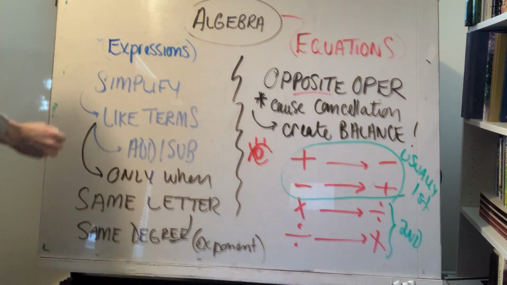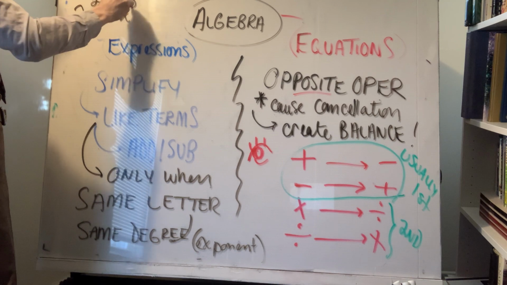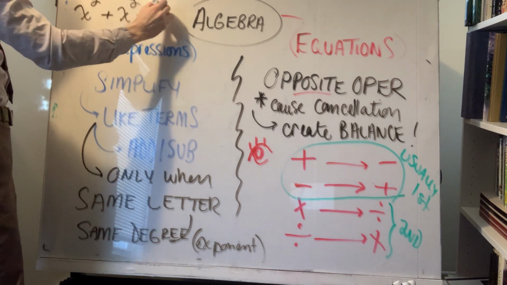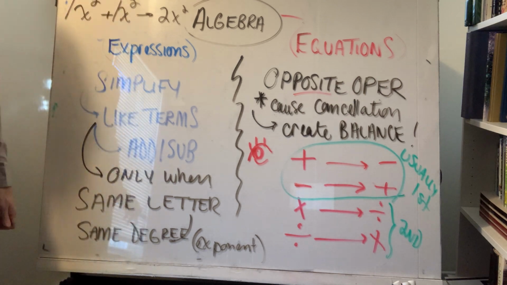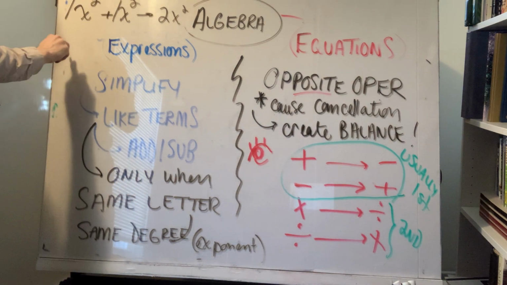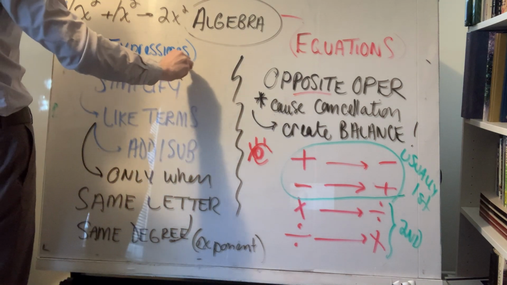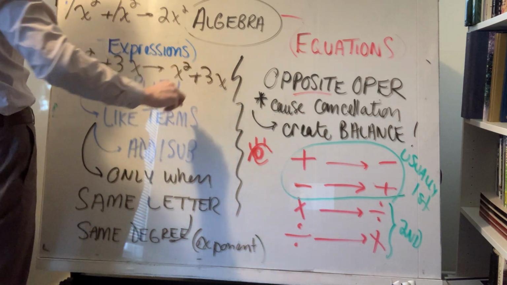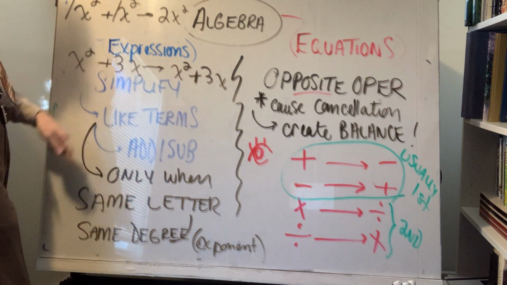So for example, if you had x squared plus x squared, then you would simply write this as 2x squared, because it's 1 and 1, right? If you had x squared plus 3x, you would just get stuck with that. You couldn't combine them because they're not technically like terms.